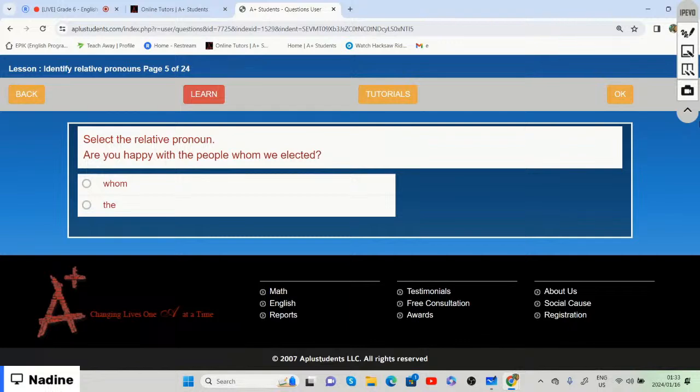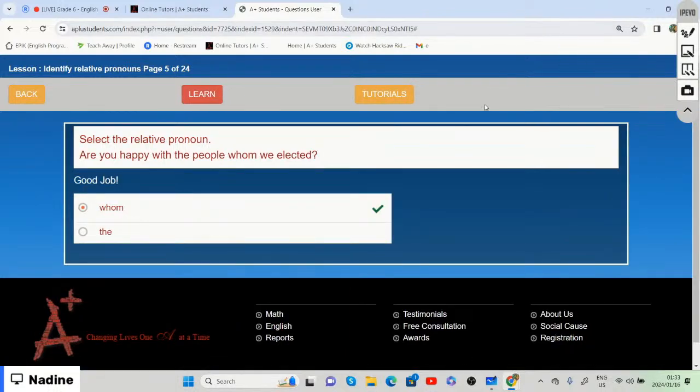So are you happy with the people whom we elected? We need to choose either whom or the. If we choose the relative pronoun, let's go with whom we elected. And whom is correct.